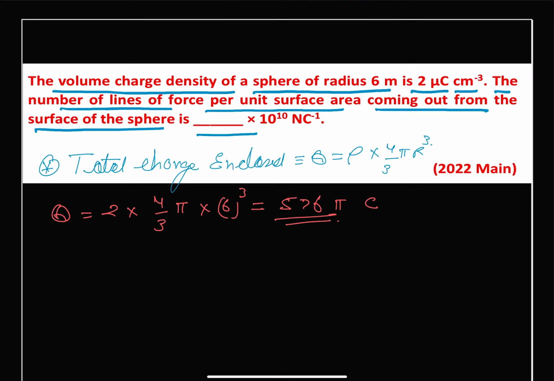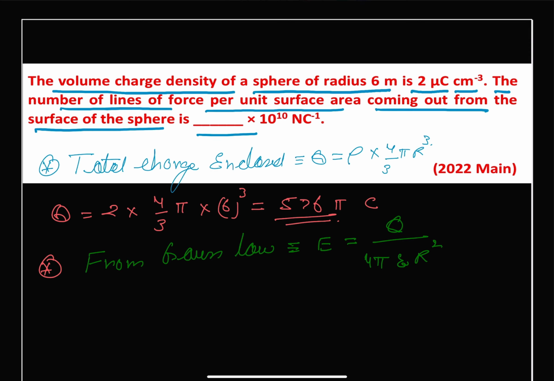Now we can easily use the Gauss law to find out the electric field. From Gauss law, the electric field will be equal to charge enclosed upon 4 pi epsilon naught r square.